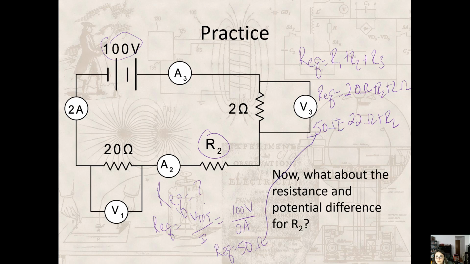So then it's 50 minus 22, which is 28 ohms, equal to R2. So R2 is equal to 28 ohms. The current is still equal to 2 amps. Voltage is going to be IR, so it's going to be 2 times 28, which is equal to 56 volts.